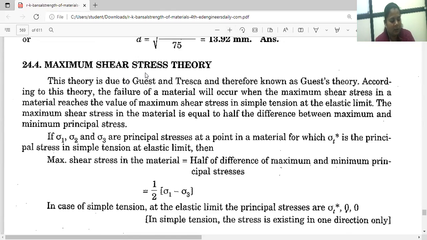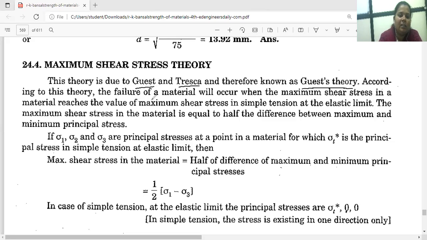Okay. Write down the third theory, maximum shear stress theory. First, this theory is due to Guest and Tresca, therefore known as Guest theory.